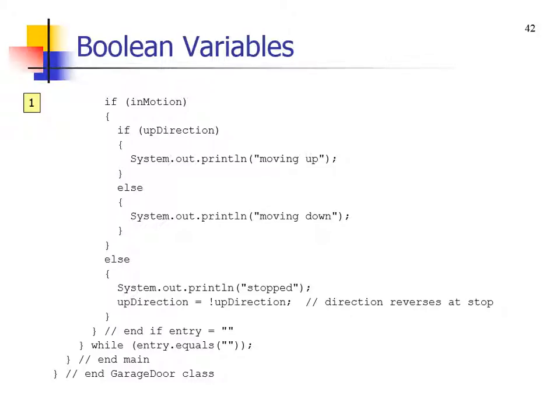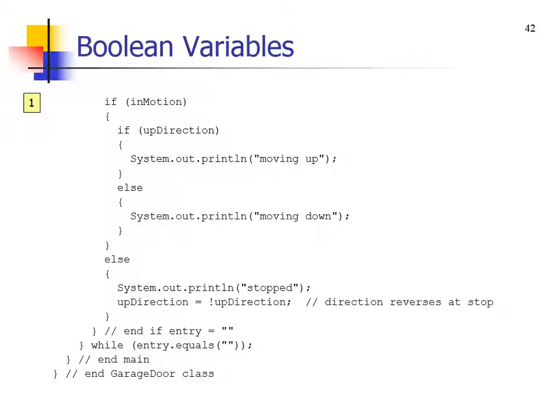If it's not in either one of these, then it's going to be stopped. But here's the crazy thing. If up direction is false, then it would print moving down, but if it's still in motion, would it not? What do you think about that logic?